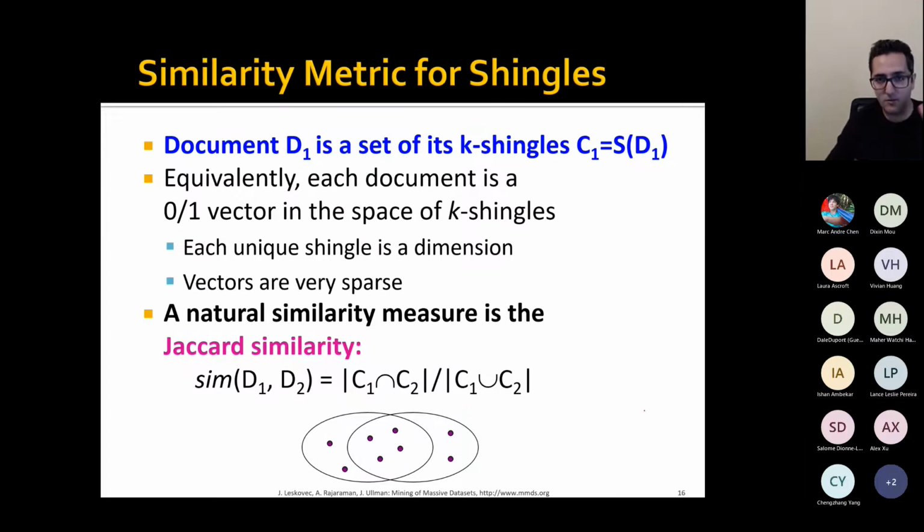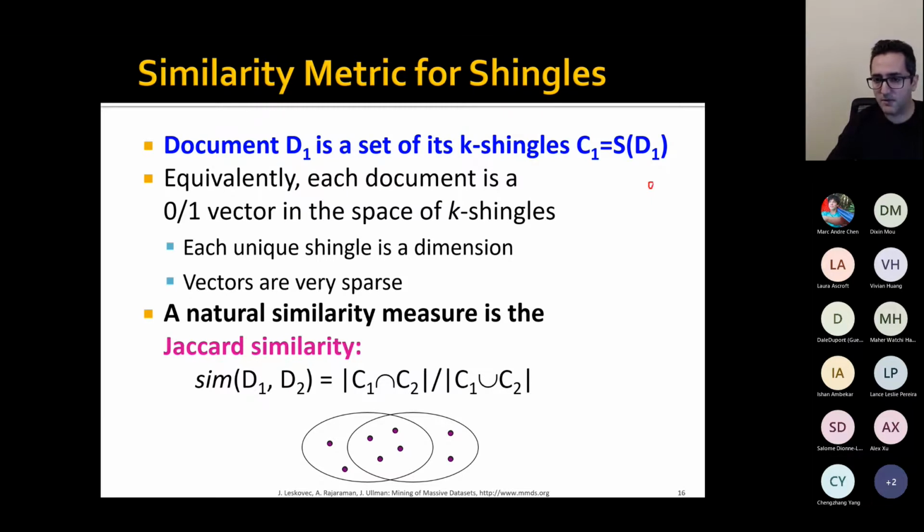Now, one way is to keep that set, right? For example, A, B, C, D, something like that. Another way to represent it is to convert it to vectors. How? So basically, if k is 2 again, what are the possible shingles, like all possible shingles?